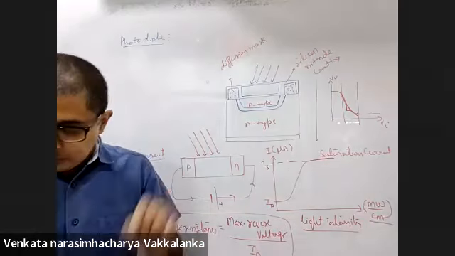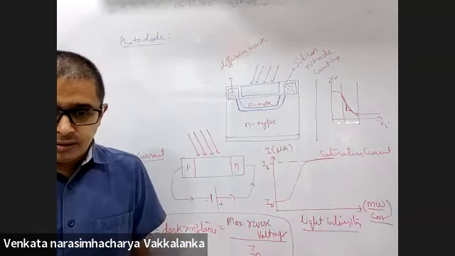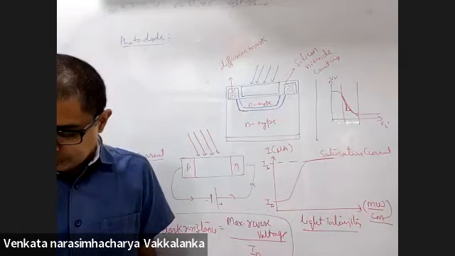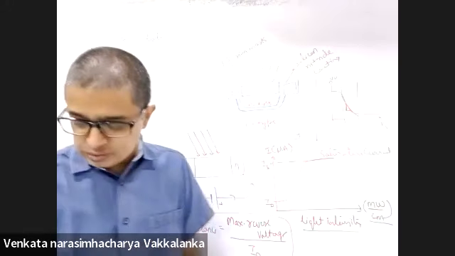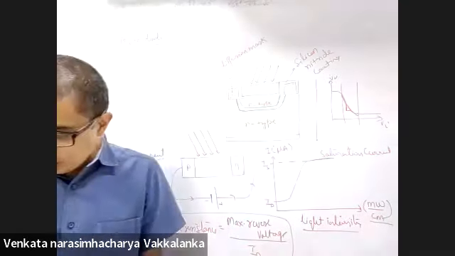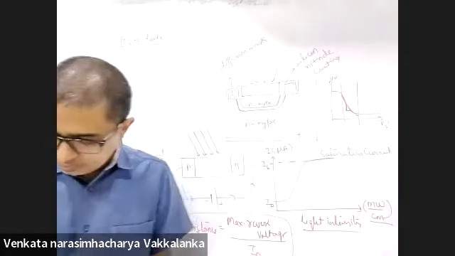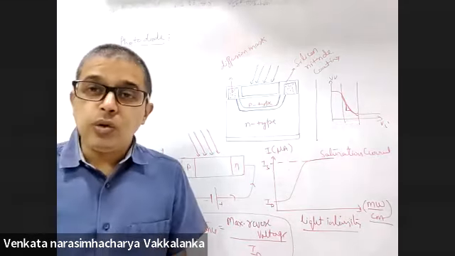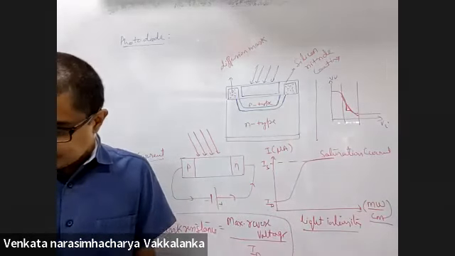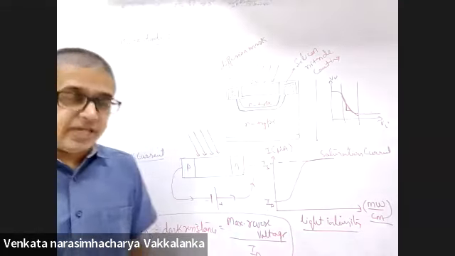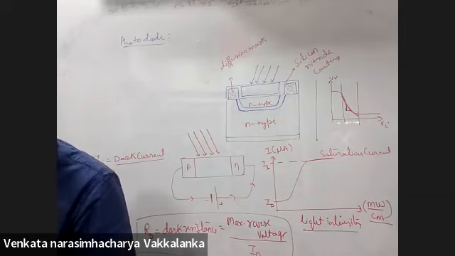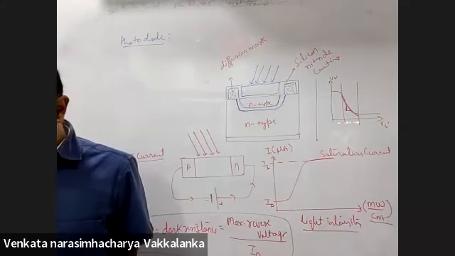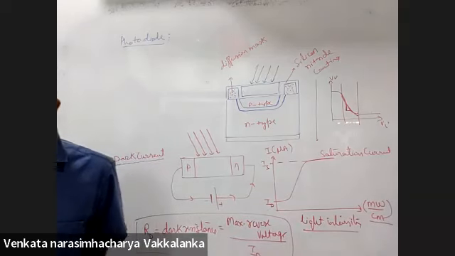Third point: when illuminated, the reverse current increases due to large hole electron pair generation.